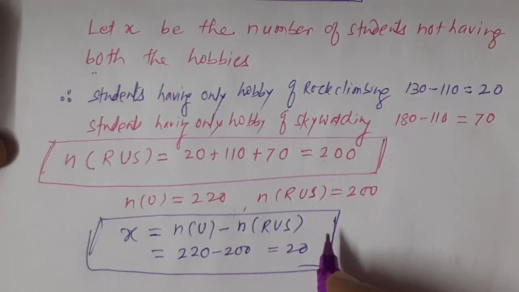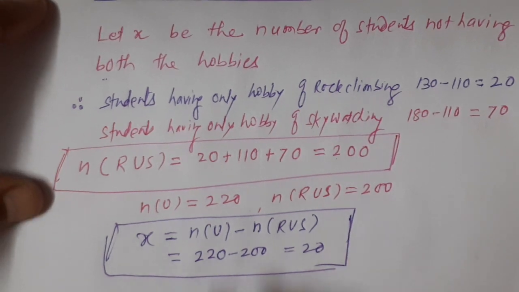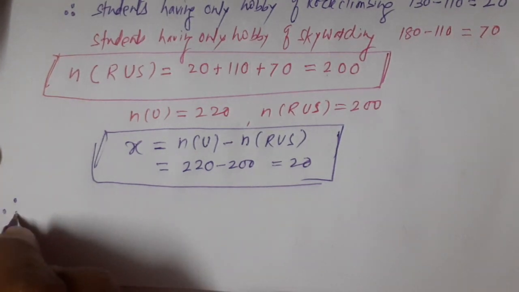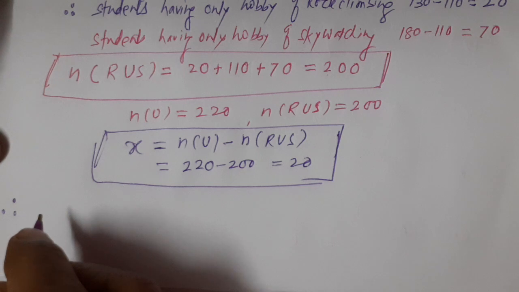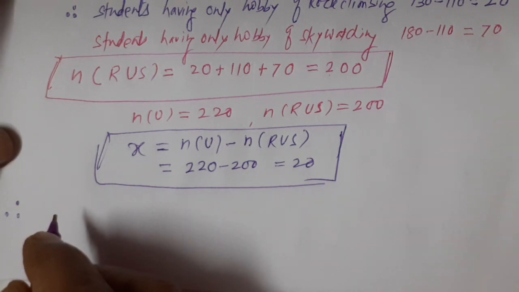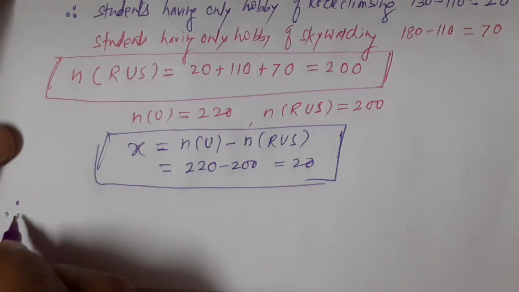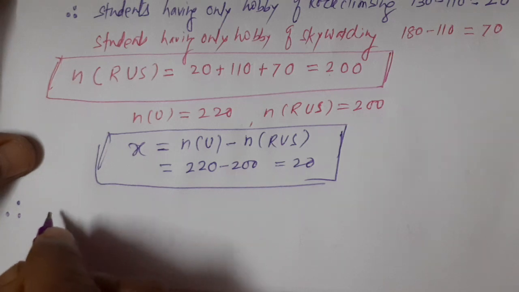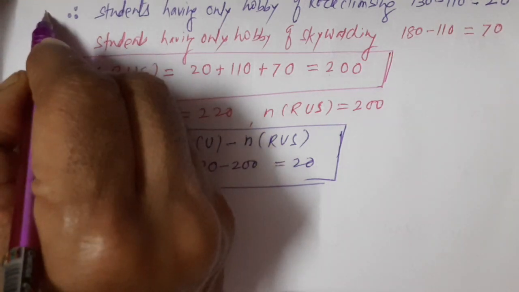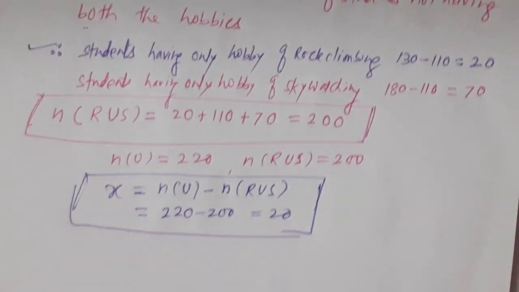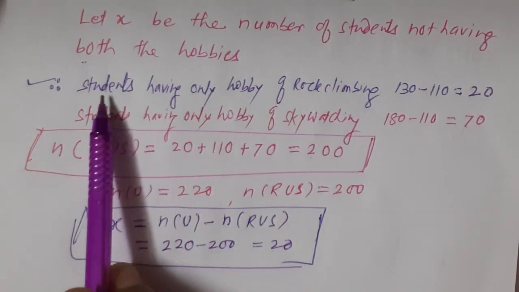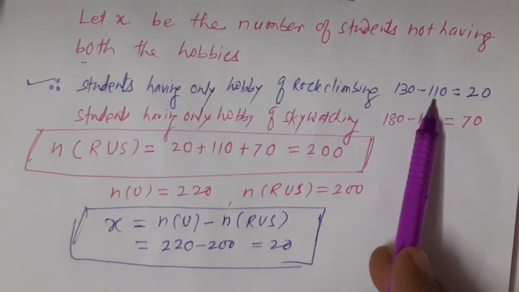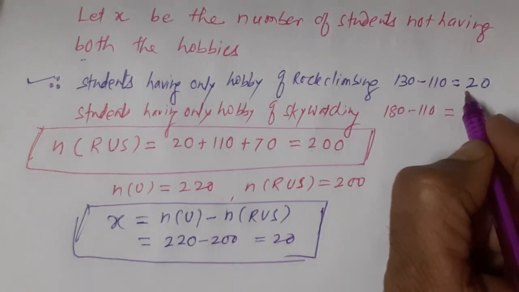Now we have to find the number of students having only rock climbing. We have calculated already that students having only the hobby of rock climbing is 130 minus 110, which comes out to be 20.